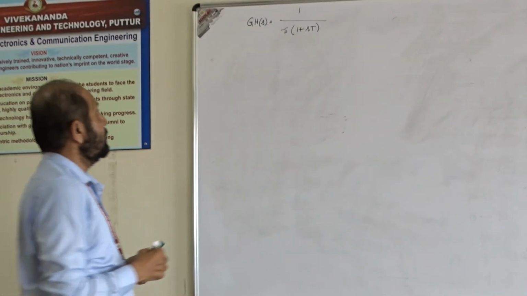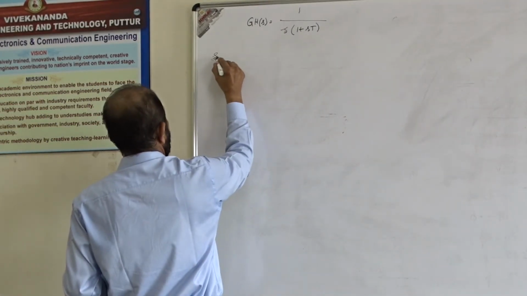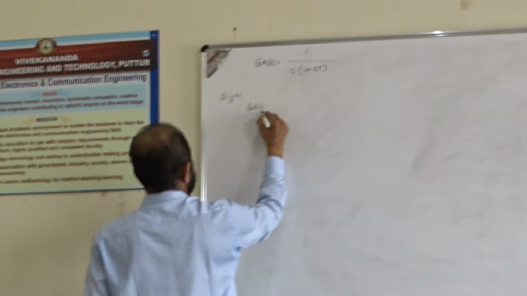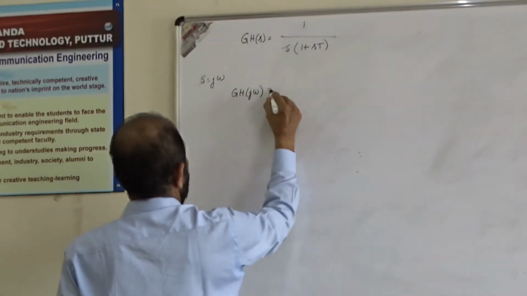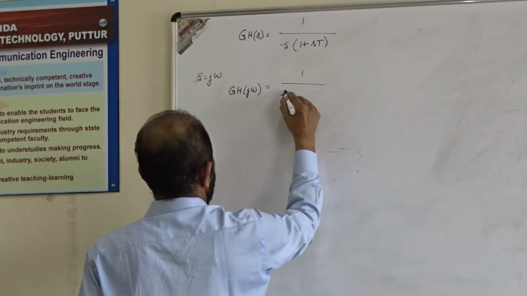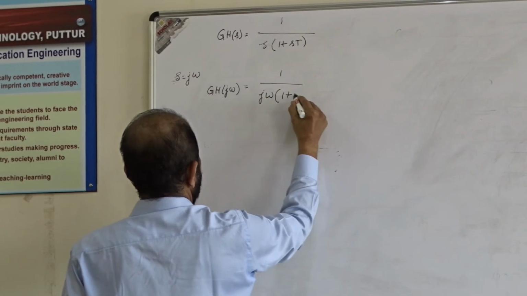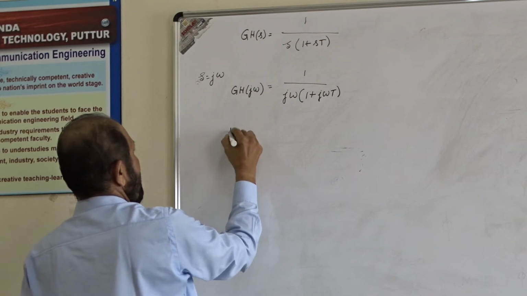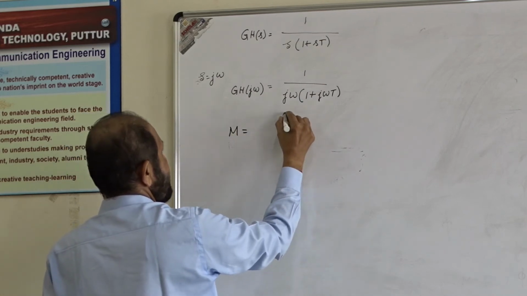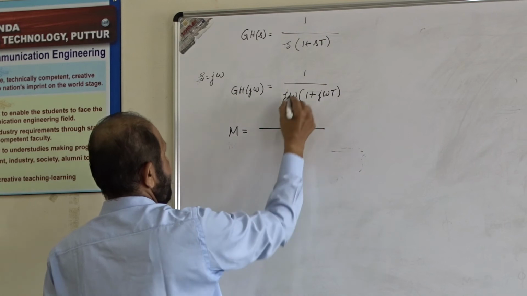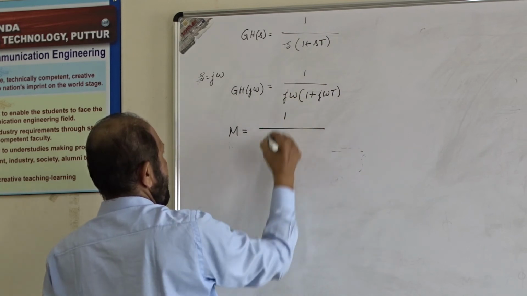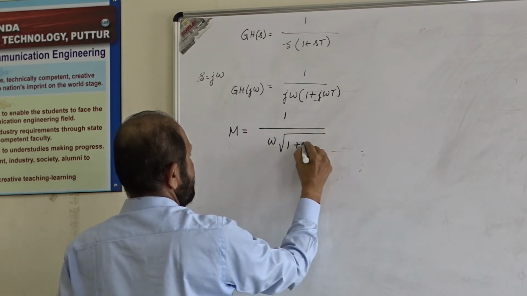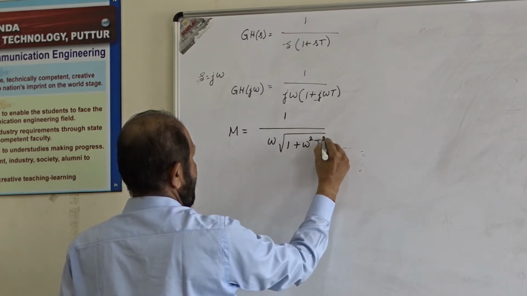So substitute S equal to J omega. You get GH of J omega equal to 1 divided by J omega into (1 plus J omega t). The magnitude M is 1 divided by the magnitude of the denominator. The magnitude of the term J omega is omega, and the magnitude of the term 1 plus J omega t is square root of 1 plus omega square t square.